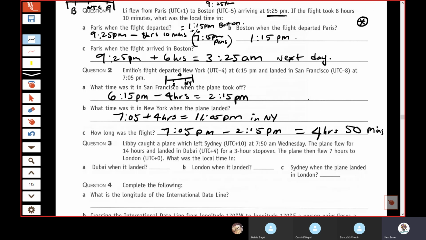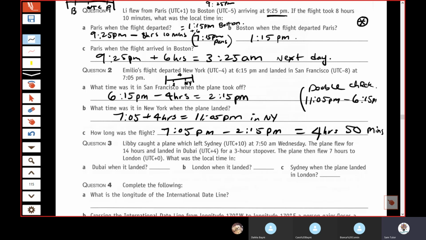You want to double check that? Let's just go up here. It should be the same for New York. So right now, let's say it's 11:05 p.m. in New York when the plane landed. And it left at 6:15.